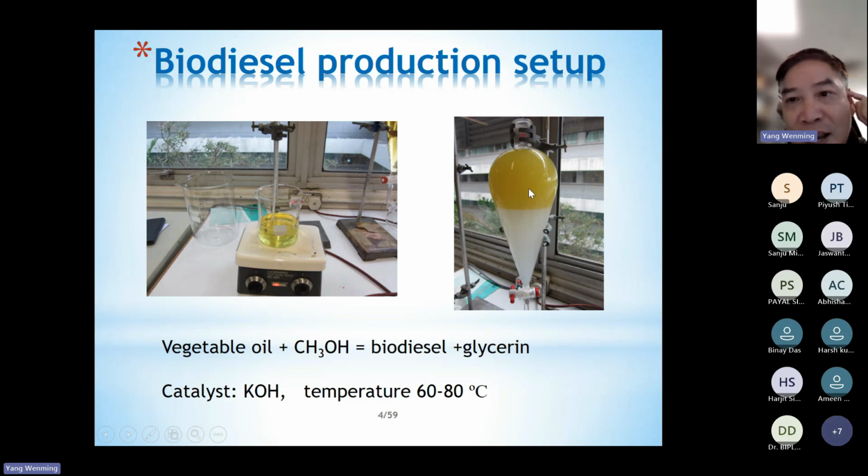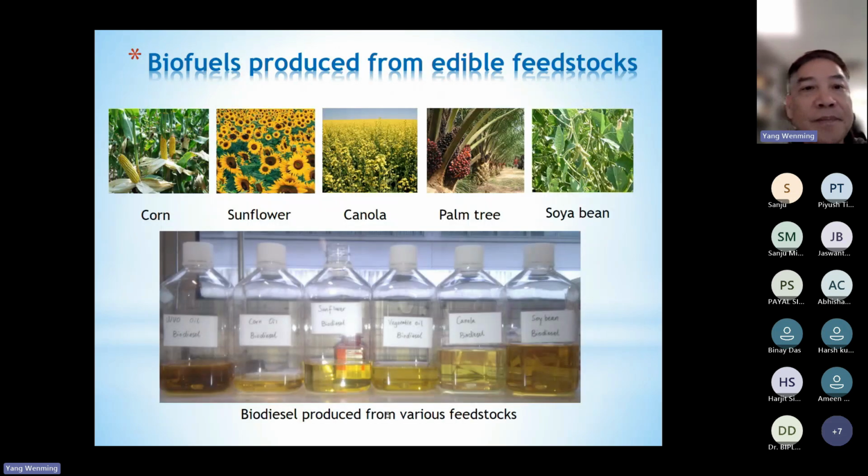From this graph, you can see the top one is biodiesel, and the bottom one is water and glycerin. The optimum operating temperature for this reaction is 60 to 80 degrees C. I have produced biodiesels from different edible feedstocks.